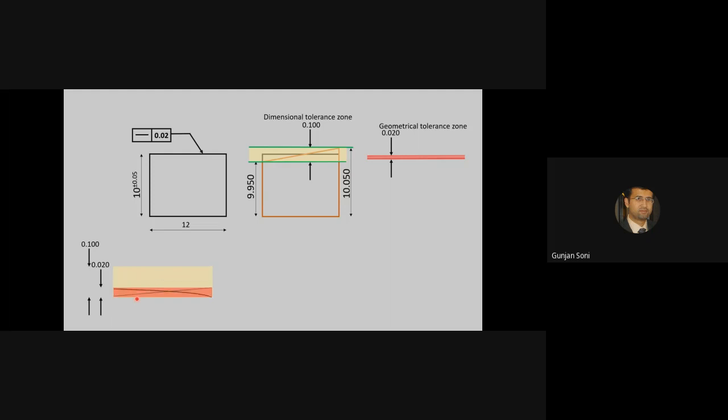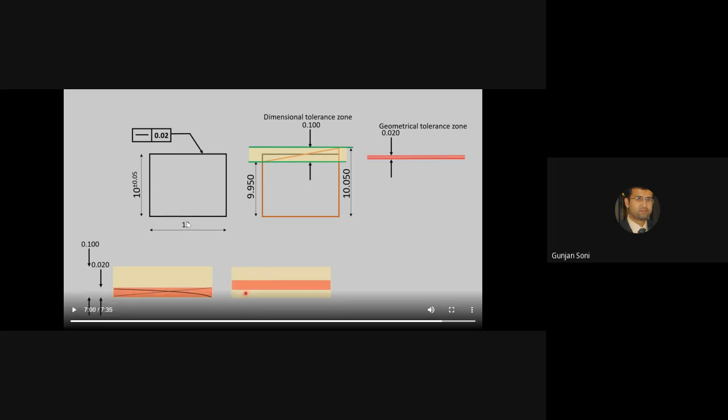Now observe the lines. These lines are more flat, meaning more straight than the previous line. So geometrical tolerance is controlling the geometric feature, meaning straightness. Within the dimensional tolerance zone, the geometrical tolerance zone may shift anywhere from top to bottom. Wherever it is manufactured, from that position it will control the geometrical feature.